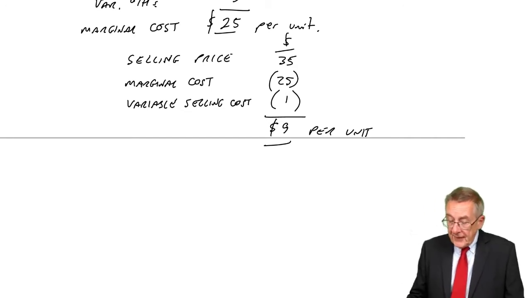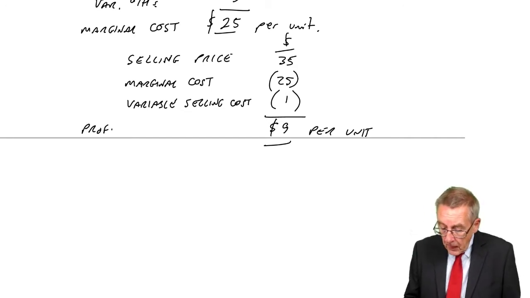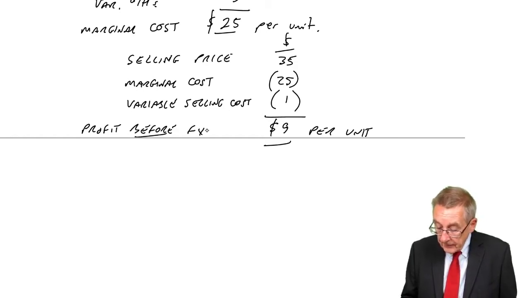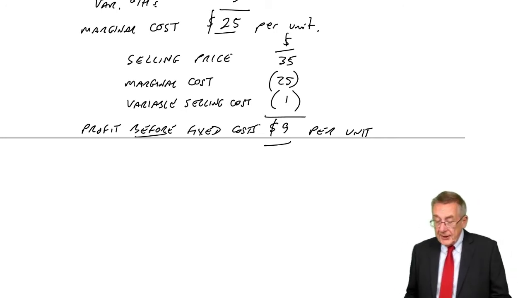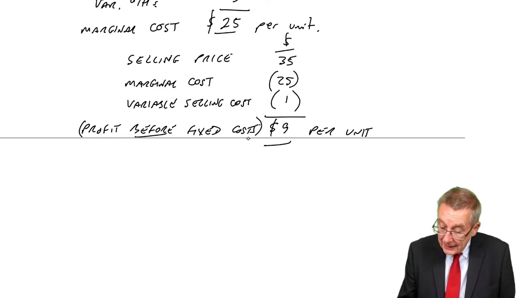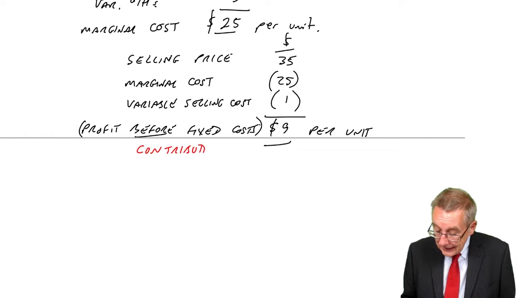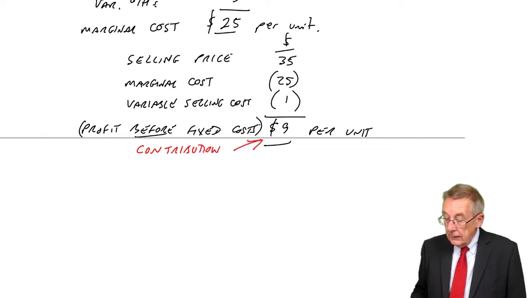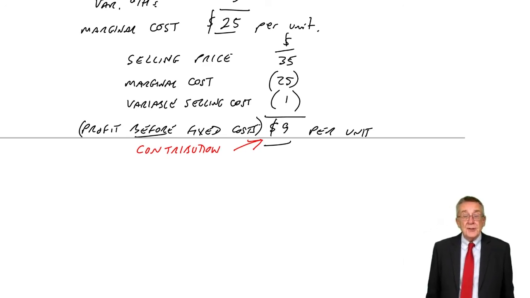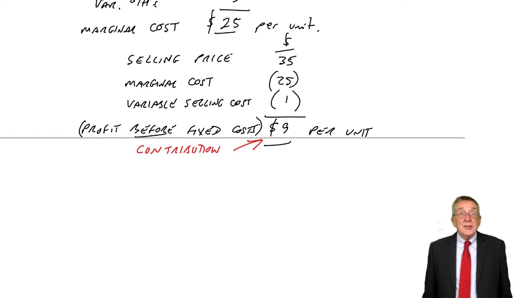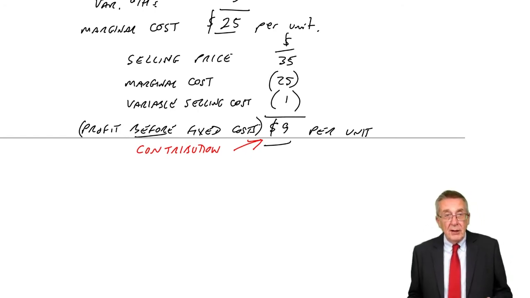Now that surely is the final profit before charging any fixed costs. And the word for that, and a desperately important word for the exam, we call that the contribution. The contribution is the profit before any fixed costs, or, as you've seen, the selling price less all the variable costs.